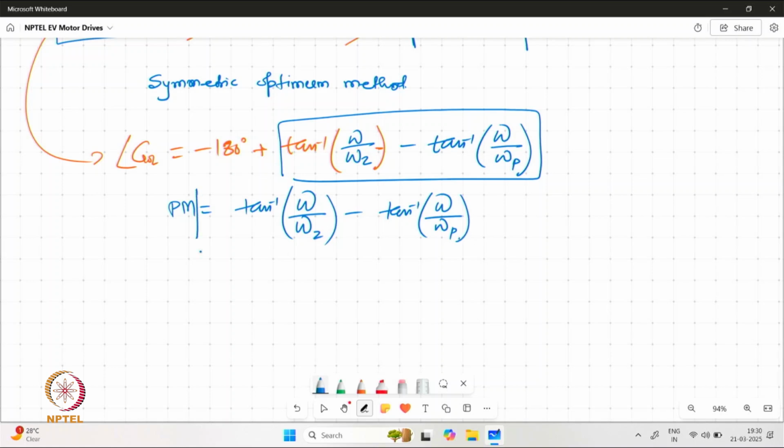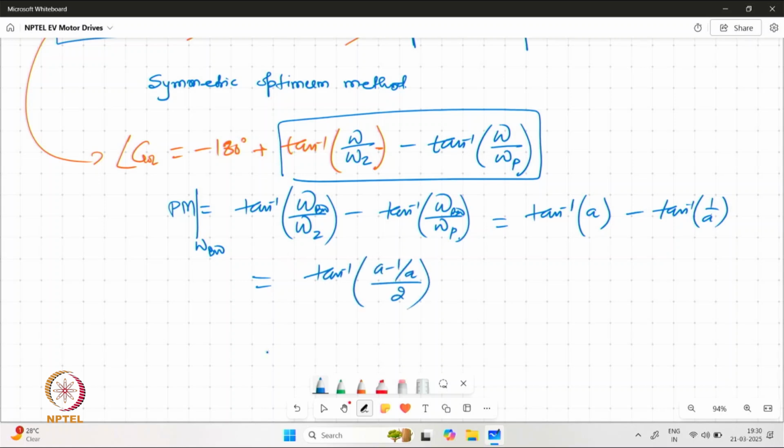And we are talking about phase margin at the gain crossover frequency, so omega can be written as omega b, and hence this can be simplified as tan inverse A minus tan inverse 1 by A, and this can be combined and solved in this manner.